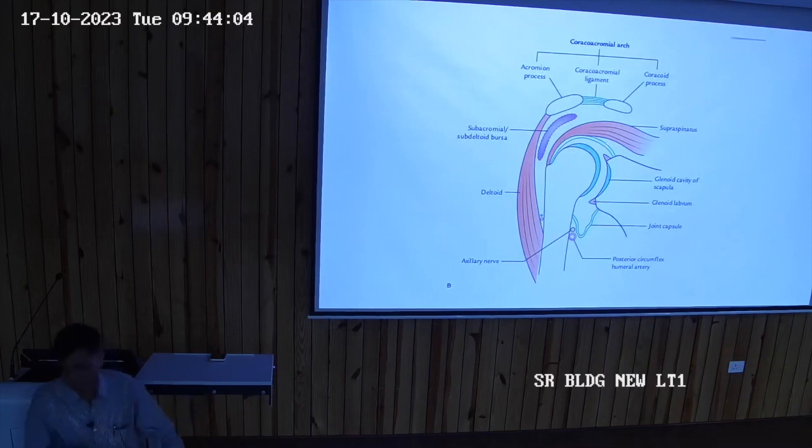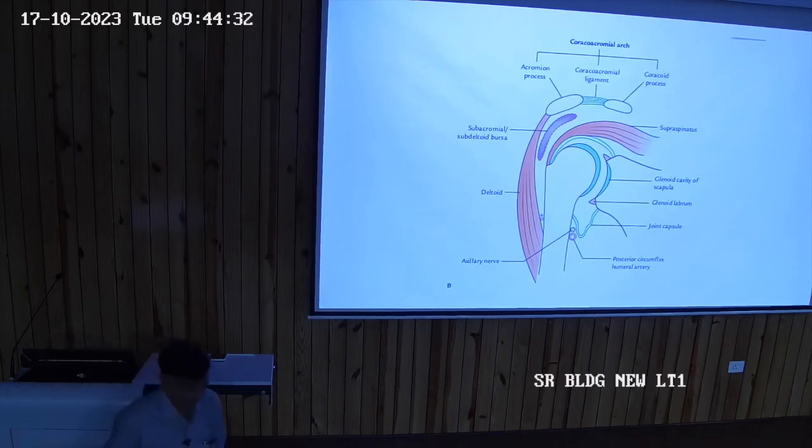And whenever there is rubbing, that will be painful. Another thing, the tendon of the supraspinatus muscle is calcified. So the same thing will happen here. When there is calcified supraspinatus tendinitis, that will also create the problem in abduction. Okay, so this is the point which can cause the pain.